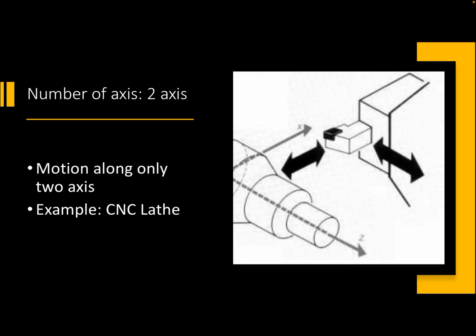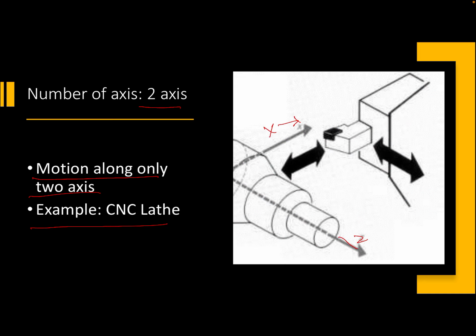Now, according to the number of axes, we can classify CNC machines. First is the 2-axis machine, which has motion along only 2 axes. Example, the CNC lathe machine. Here it is the x axis and here it is the z axis.